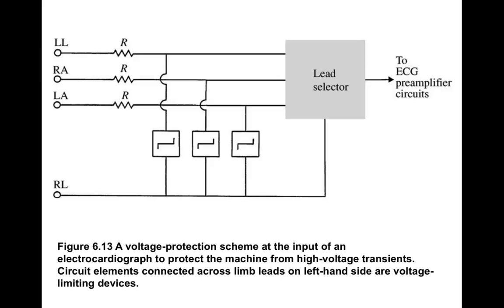So you have then, as the leads come into the preamplifier lead selector, and the right leg lead comes in as the reference ground, between the leads and the ground an overvoltage protection scheme. Basically, these are switches that activate when the voltage exceeds a certain level, and when the voltage exceeds a certain level, then they effectively short to ground.